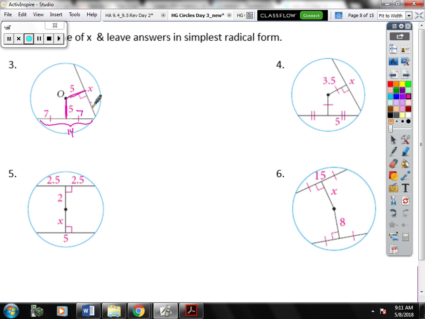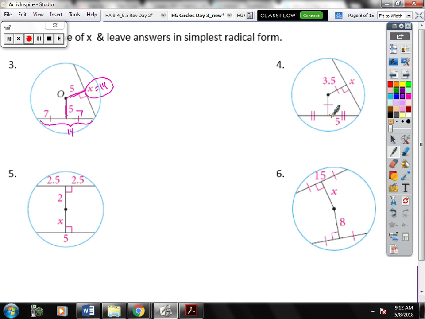This chord has to be congruent to that, so x has to be 14. Again, to see equidistant, equal distance, they're either going to give you numbers showing you they're the same number, or they're going to put markings to show that they're the same distance. They're congruent.